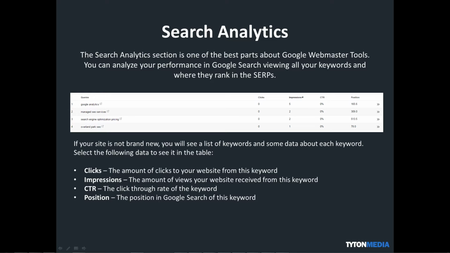It can say that your position is 1 or 2 when really you won't be able to find it. I believe that it uses Google Images rankings as well. So this is more of just a guideline, the position piece. But the clicks and impressions is pretty accurate. So that's search analytics.